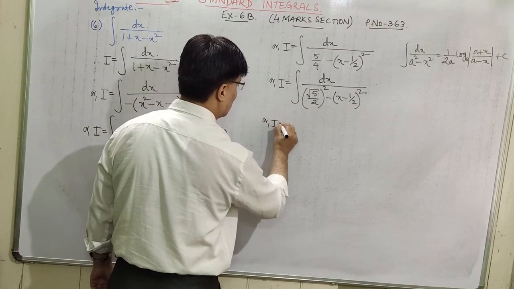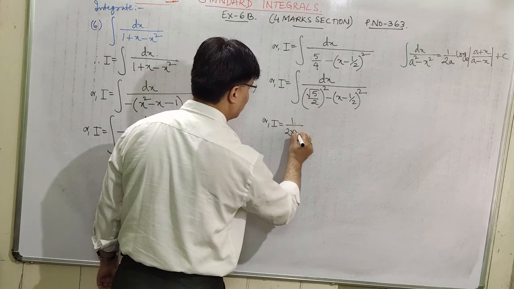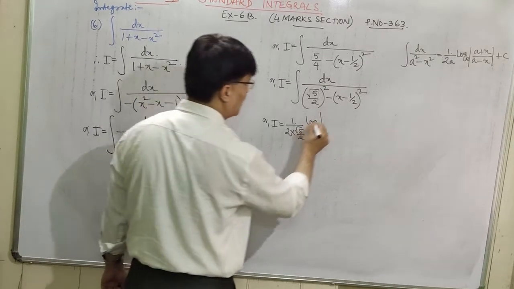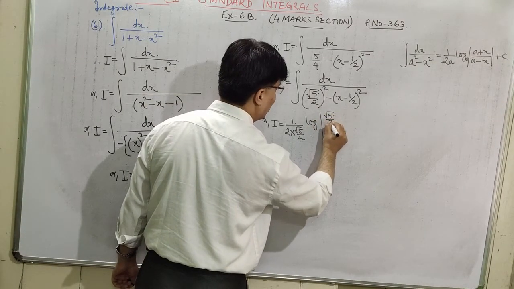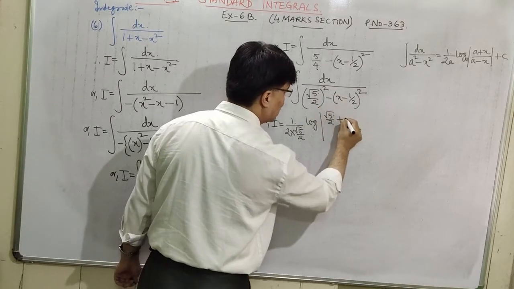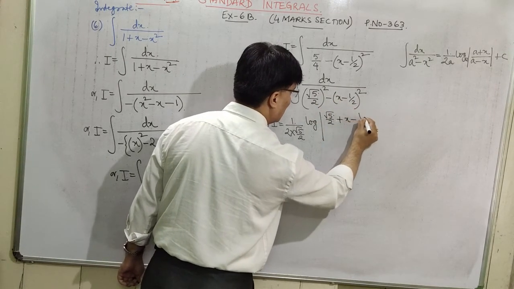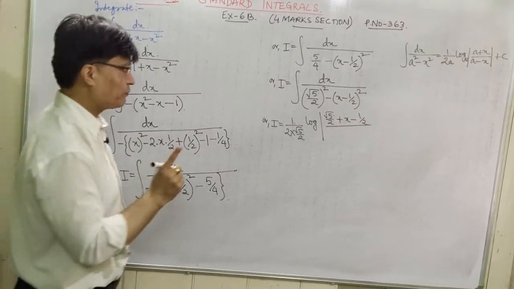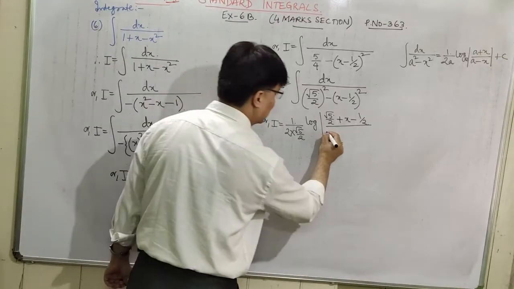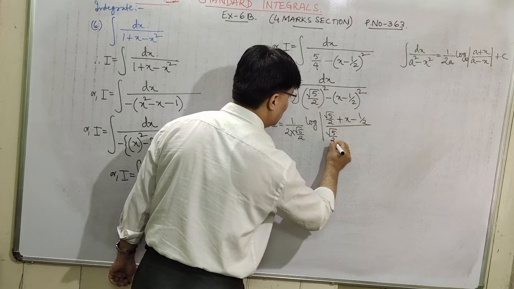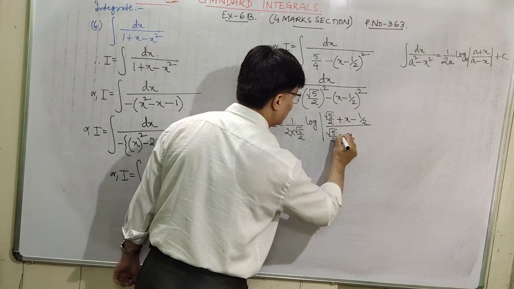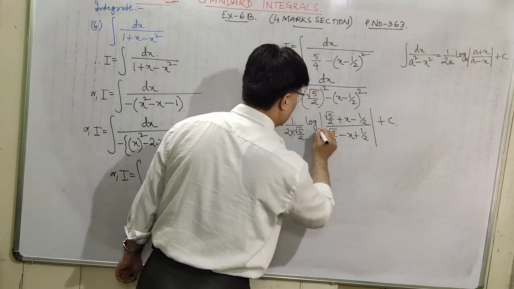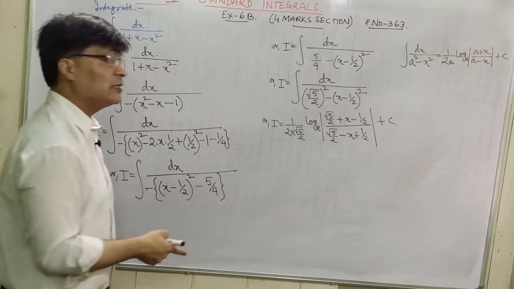So I is equal to, what is the formula? 1 upon 2 into a, which is root 5/2. Now it is log within mod, a plus x, that is root 5/2 plus x minus half, divided by, in the denominator, a minus x, that is root 5/2 minus x plus half, mod sign closed, and here the base is e, then plus c.